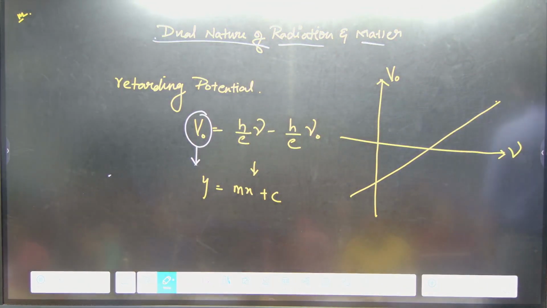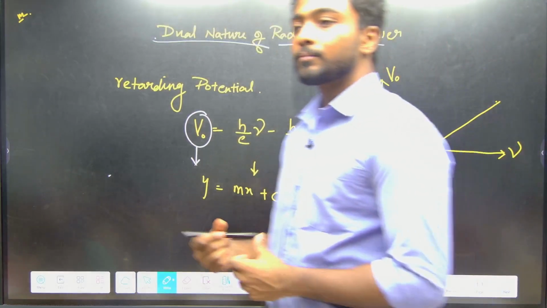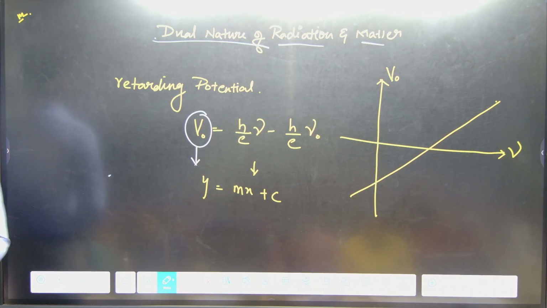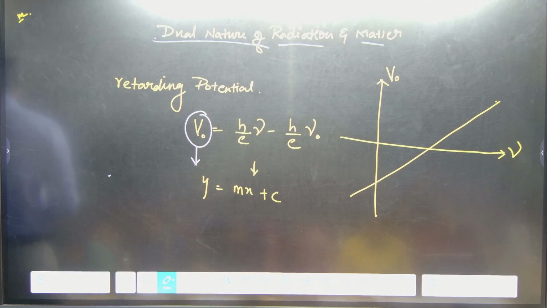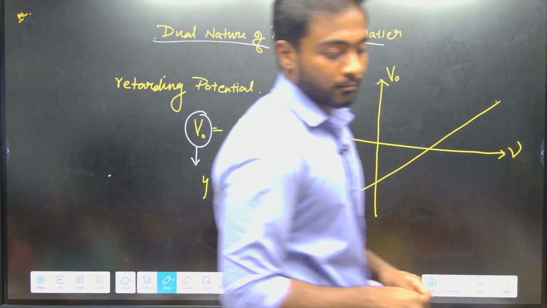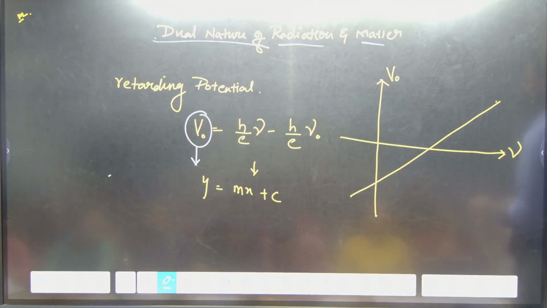Okay, write on the next topic: de Broglie's theory. Don't expect twisted questions in this lesson, like dual nature of matter and radiation, atoms, nuclei, semiconductors.